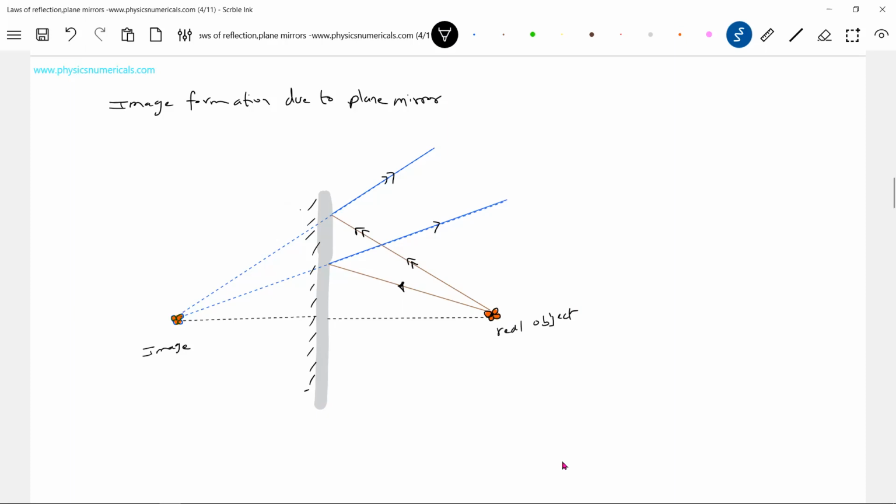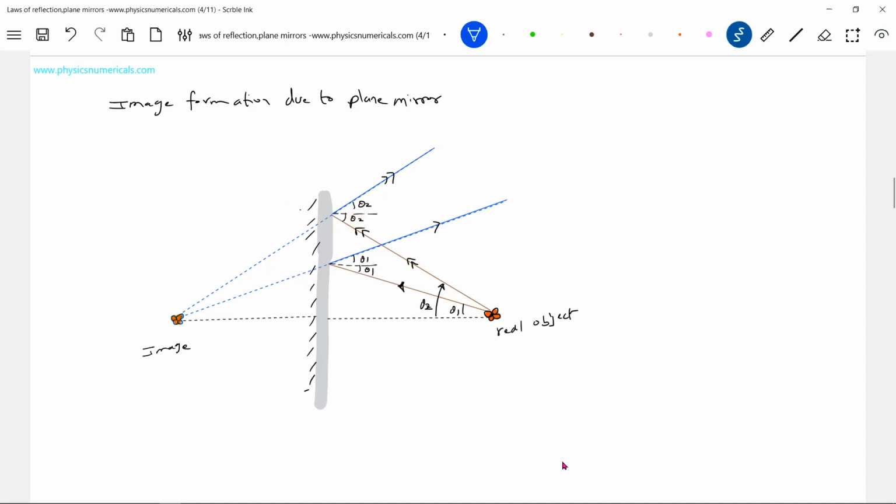From the laws of reflection, this will be the angle of incidence, say theta 1, and this will be the angle of reflection, theta 2. Angle of incidence should be equal to angle of reflection.